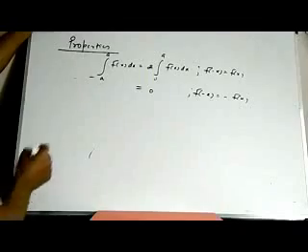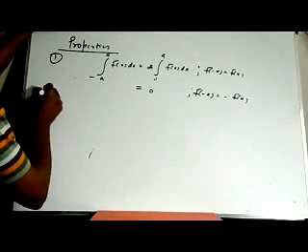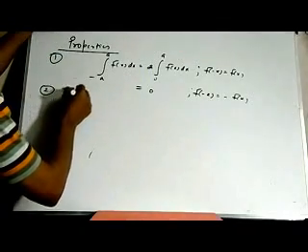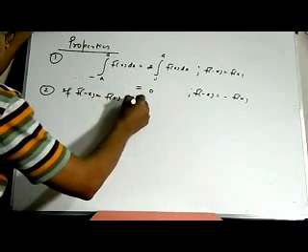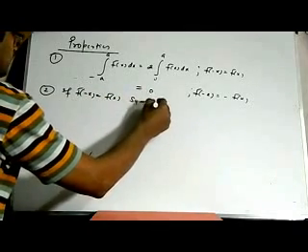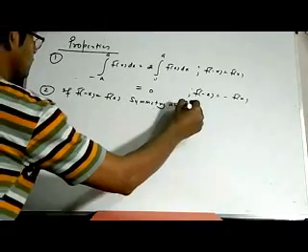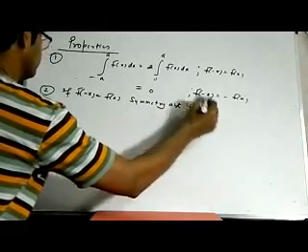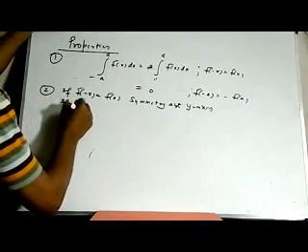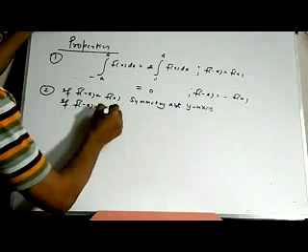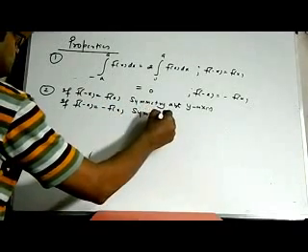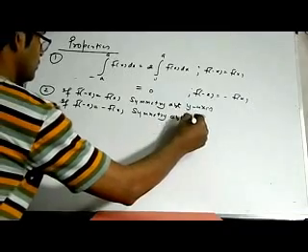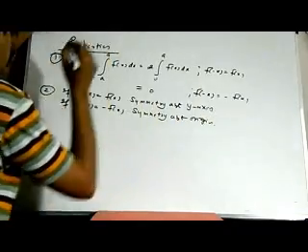This is property number 1. If f of minus x is f(x), then symmetry about y-axis. And if f of minus x is equal to minus f(x), then symmetry about origin.